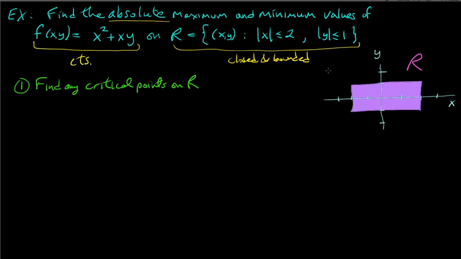All right, so this is our region. Find any critical points on that region. If you get a critical point out here, say x is 1.5 and y is negative 4, that's not in the region, since y is not between negative 1 and 1.